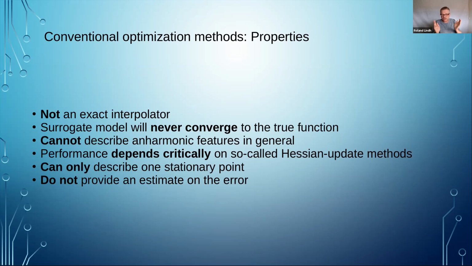Furthermore, because it's a second order Taylor expansion, it can only describe one stationary point. And one crucial thing, this model doesn't give you an estimate on how big an error you have in your estimated energies. And because of that, we have to guess that.